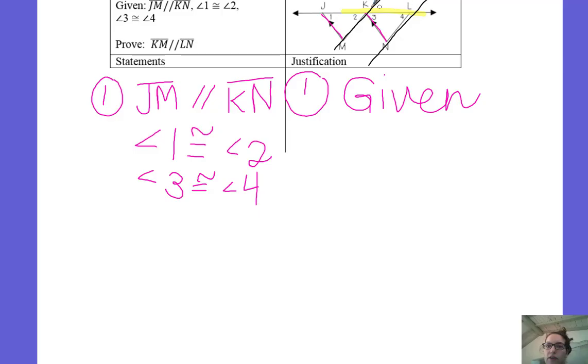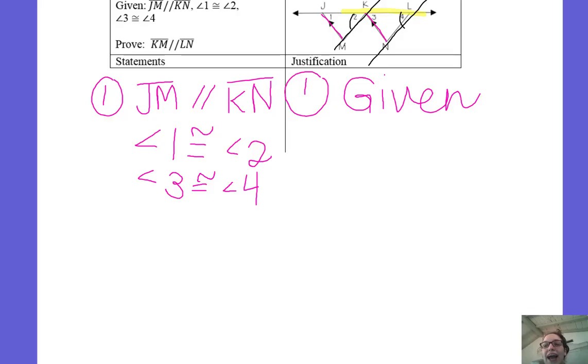So I don't have any angles on the top side of the transversal, so I can't use alternate interior or alternate exterior. And I don't have any same side interior angles. But I do notice that angle 2 and angle 4 are corresponding.